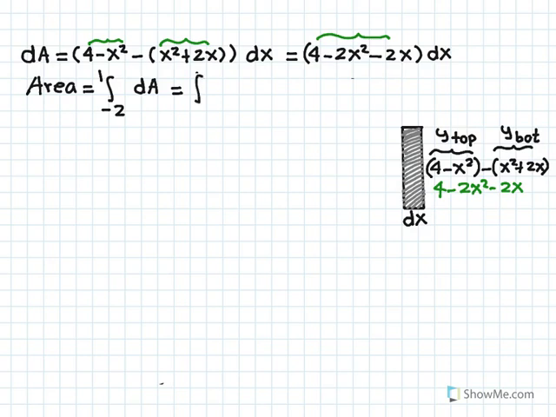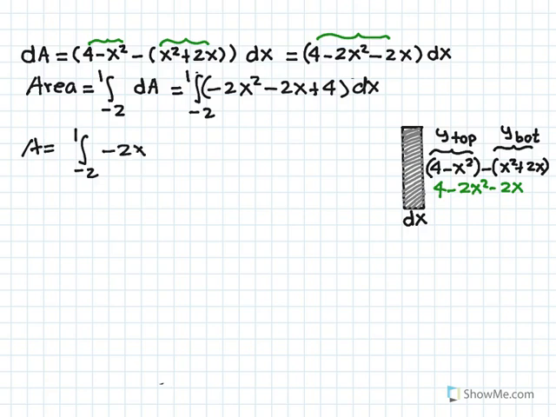So the area will be the integral from minus 2 to 1 of minus 2x squared minus 2x plus 4, and integrate this with respect to x. This is a very easy integral to do. We just reverse the power rule. So we have area is equal to the integral from minus 2 to 1 of minus 2x squared minus 2x plus 4 dx.